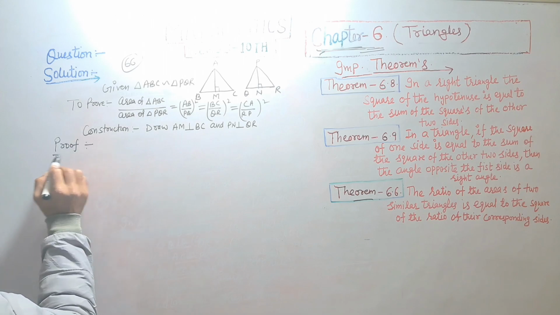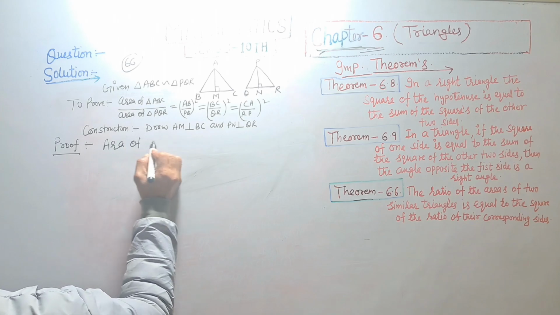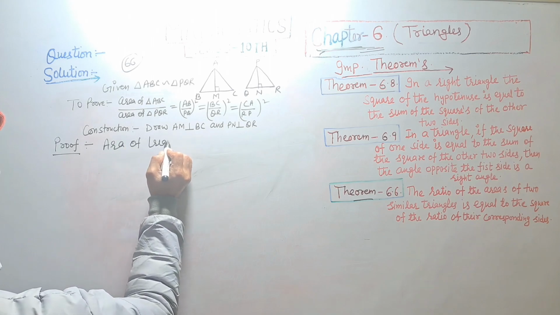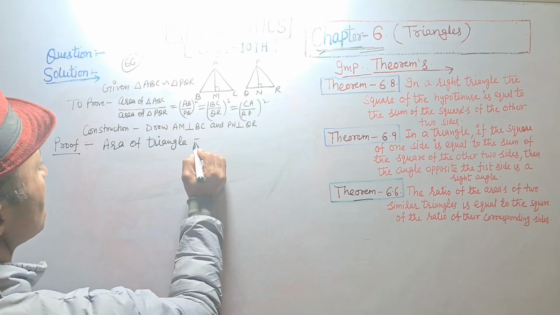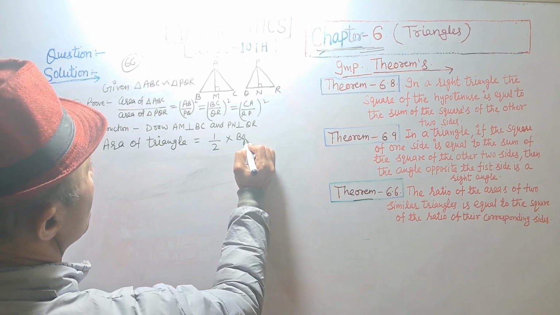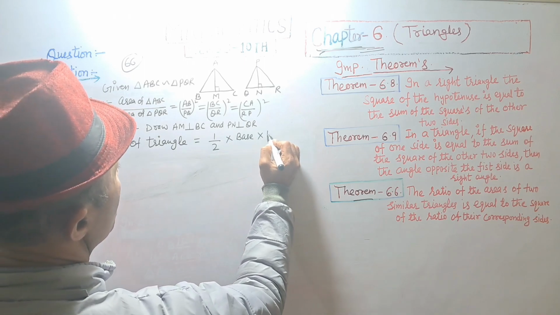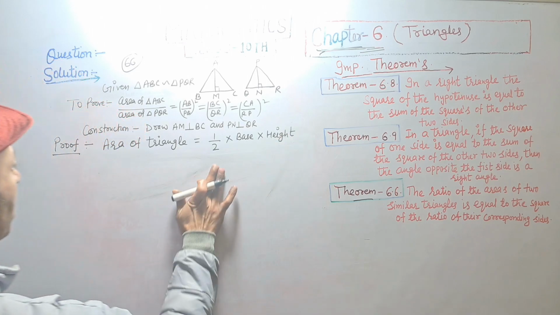Proof: area of triangle is equal to half into base into height.